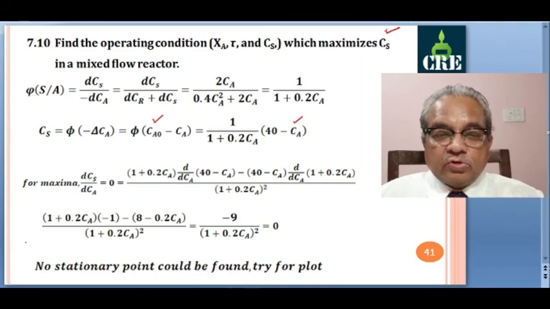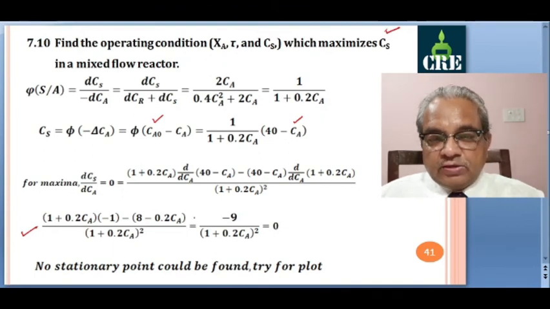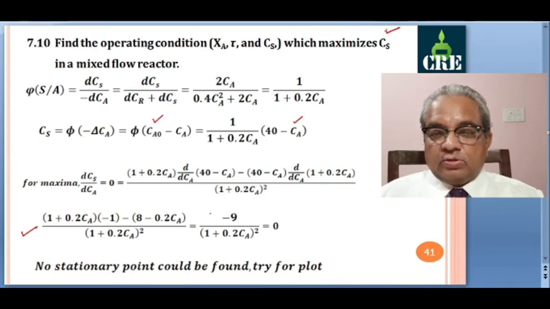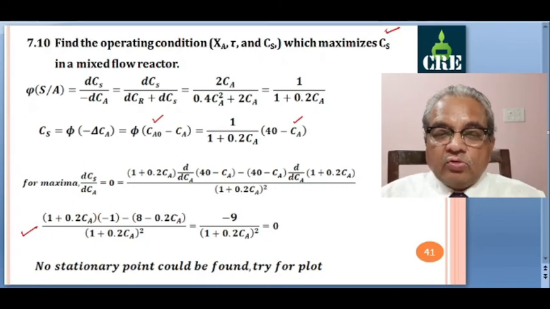So here if you solve this, you are not getting any stationary point or a proper solution, because if you solve this, CA is eliminated, CA is not at all there, so this is meaningless. Anyway, this is equated to 0, so it is not possible. So no stationary point could be found.